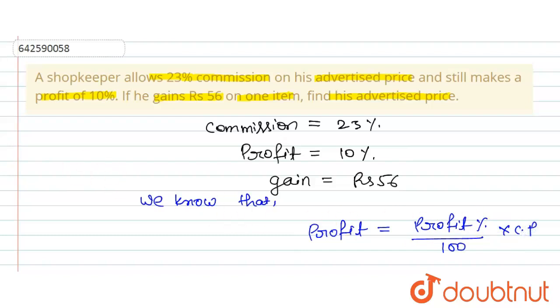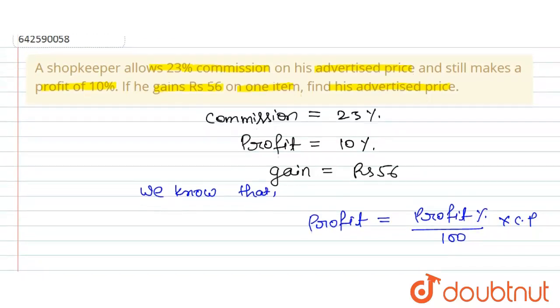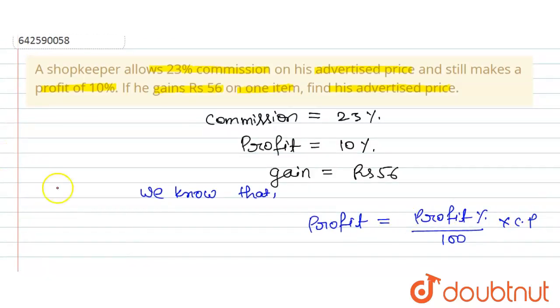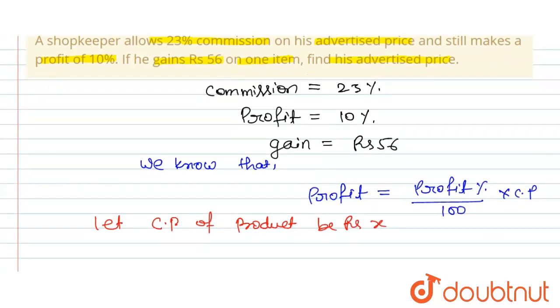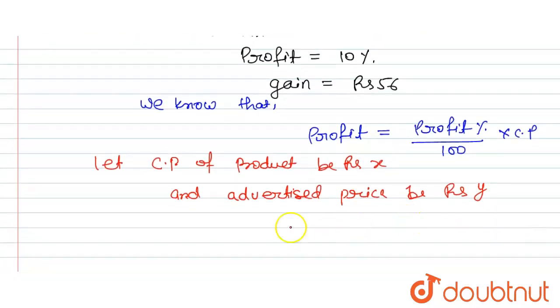Before solving this question, let the cost price CP of the product be rupees X, and let the advertised price be rupees Y. We will calculate Y.